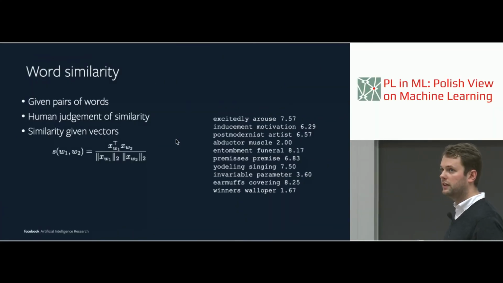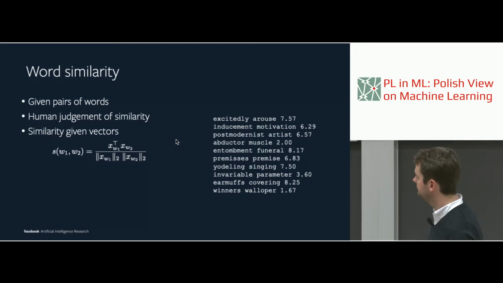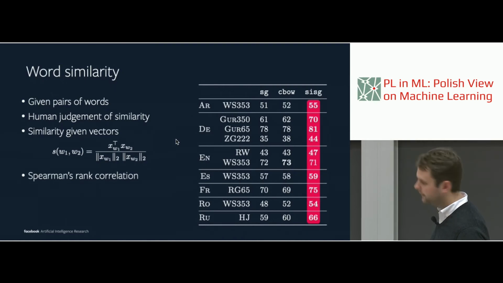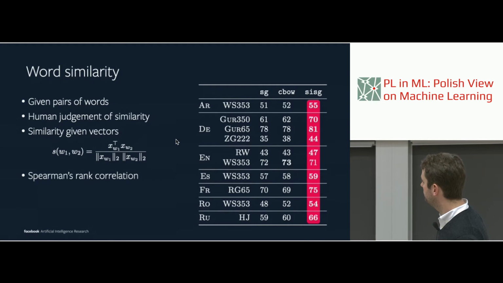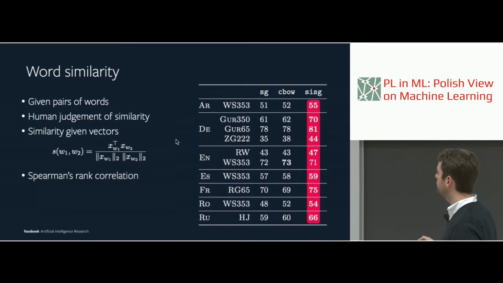Given word vectors that we train with our method, we can compute a score between two words as the cosine between the two vectors, and then take the Spearman's correlation between the scores that we produce with our vectors and what humans said. We did that for Arabic, German, English, Spanish, French, Romanian, Russian. These are the data sets that we found of this type. We compare to skipgram and CBOW, which are word2vec, and our model.